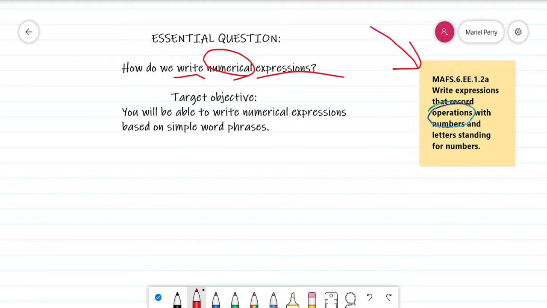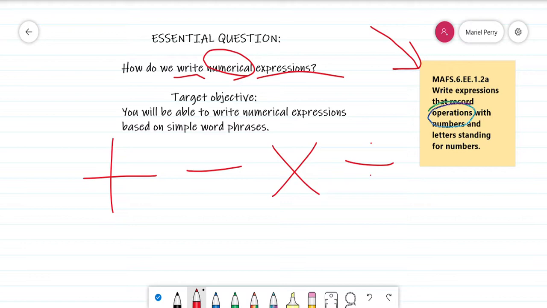Let's think about it. Our very first operation, which we probably learned way back in kindergarten, is addition. We also have subtraction. We also have, you guessed it, multiplication, and finally division. These are our 4 main operations that we are focusing on.